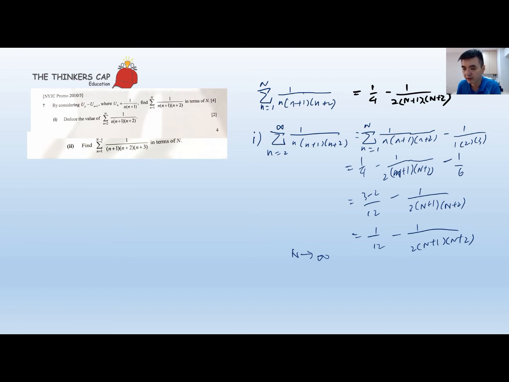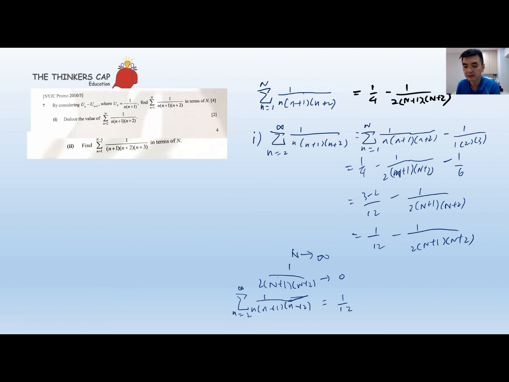So in other words, this whole fraction will become very, very big at the denominator, so much so that my 1 over 2 n plus 1 and n plus 2 will tend towards 0, and therefore my whole sum to infinity, n equals 2, n plus 1 and n plus 2, and that whole series will tend towards 1 over 12.